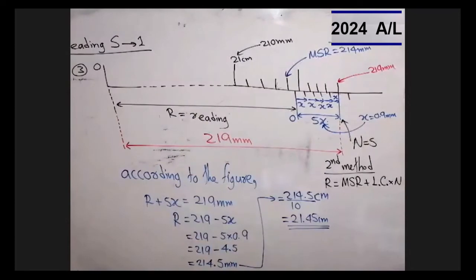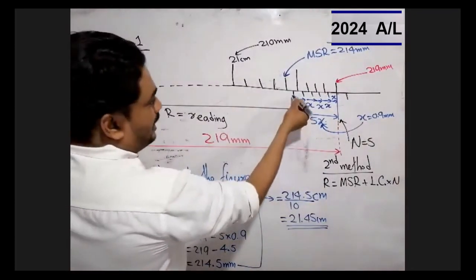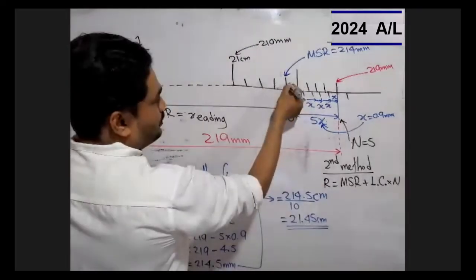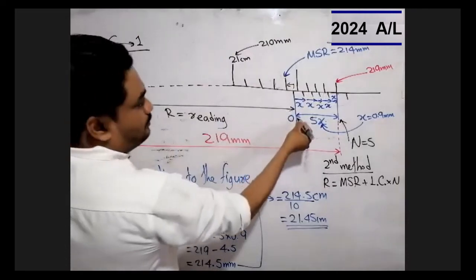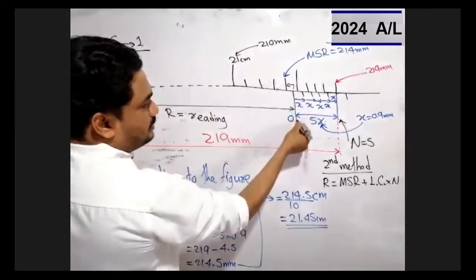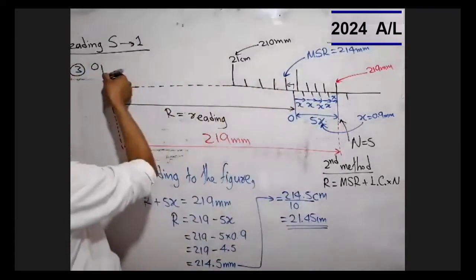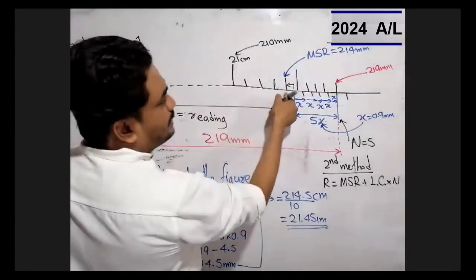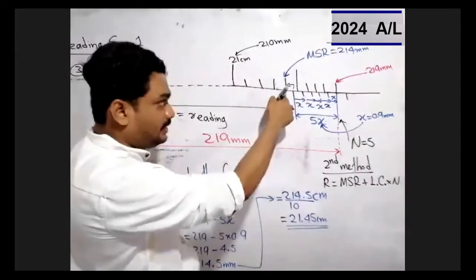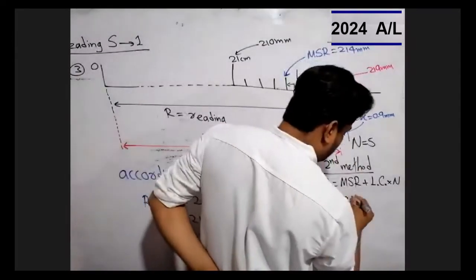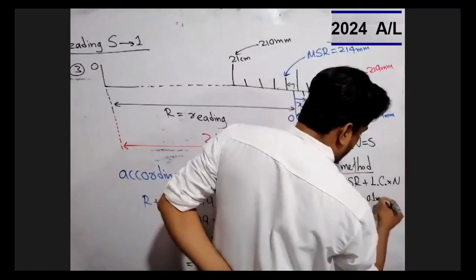Main scale reading is the value that you find on the main scale when you start from the vernier scale zero line and go towards the main scale zero line. The first value that you find on the main scale is the main scale reading, that is 214.